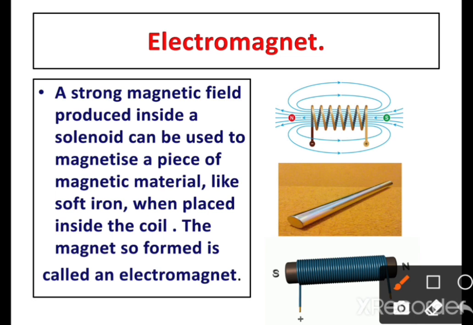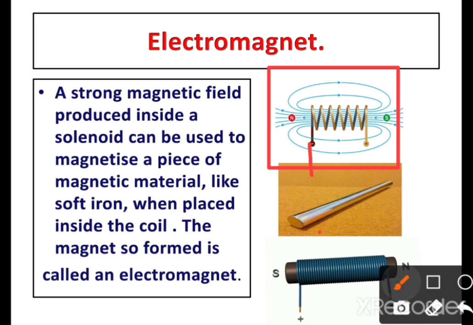Why is it called an electromagnet? When we are giving the electric current to the solenoid, the magnetic field is produced around the solenoid. Due to that magnetic field, the iron material is converted into a magnet.